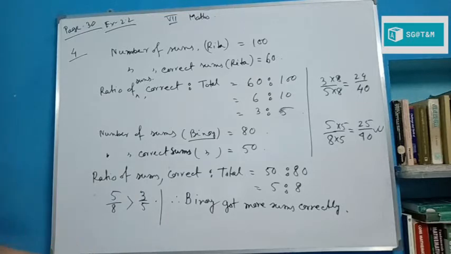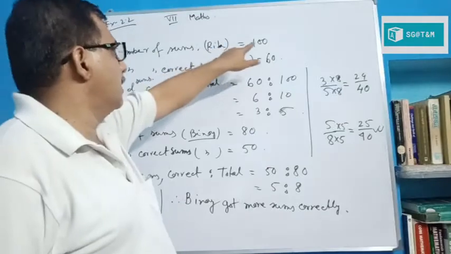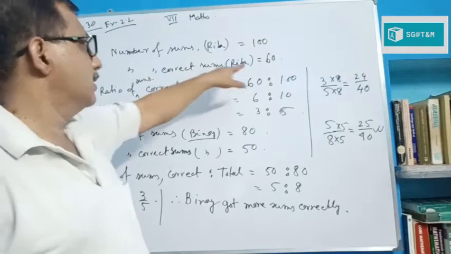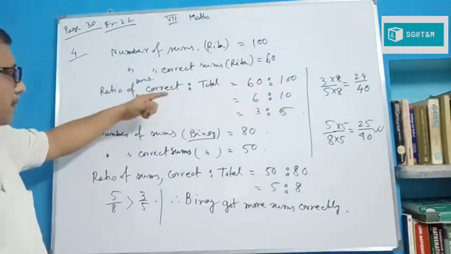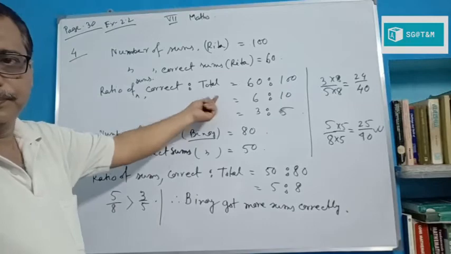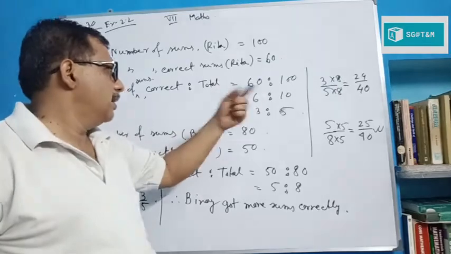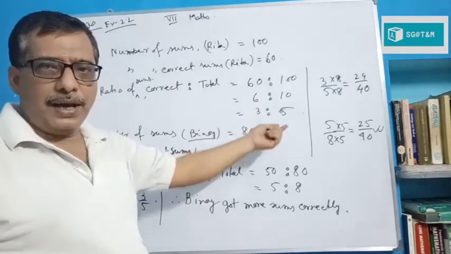Out of 100 sums, Rita could do 60 sums, and out of 80 of those sums, Binoy could do 50 sums correctly. Let's express them in ratio to find who got more sums correctly. So the number of sums given to Rita is 100 and Rita answered 60 correctly. So the ratio of correct to total question is 60 is to 100, or it can be written as 3 is to 5.